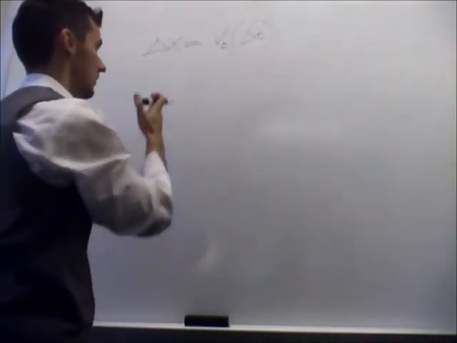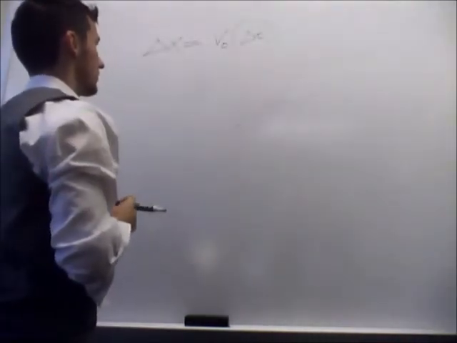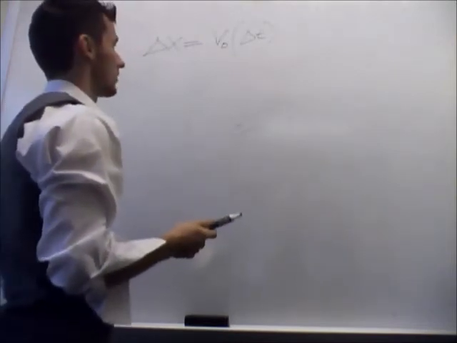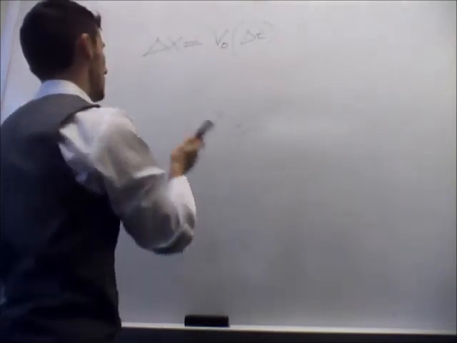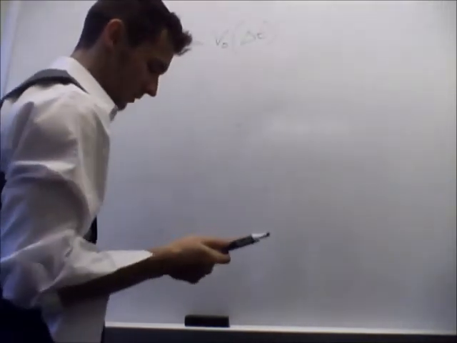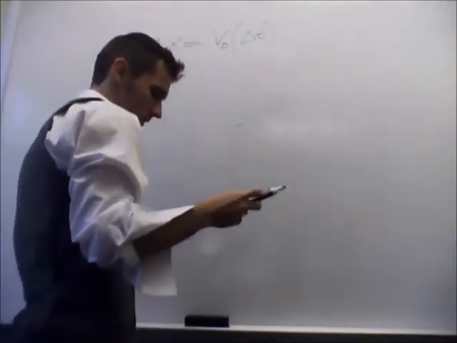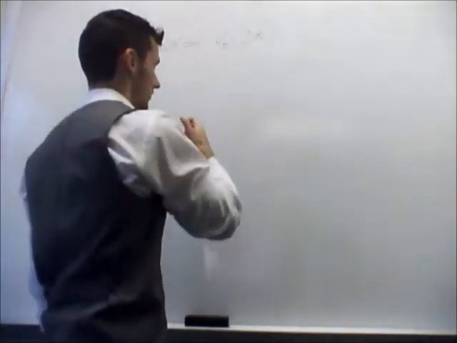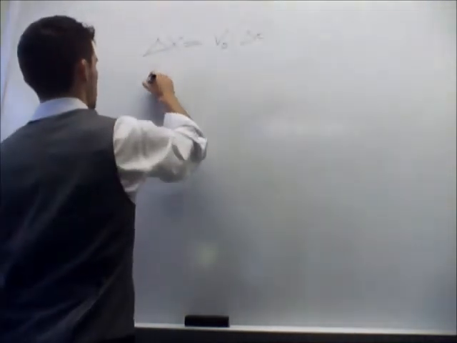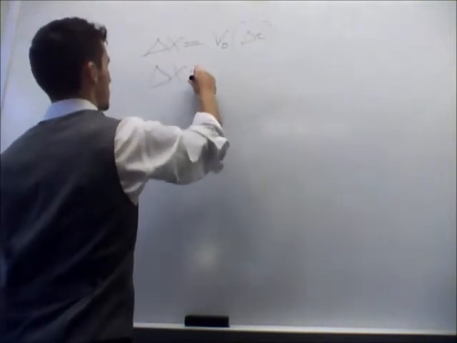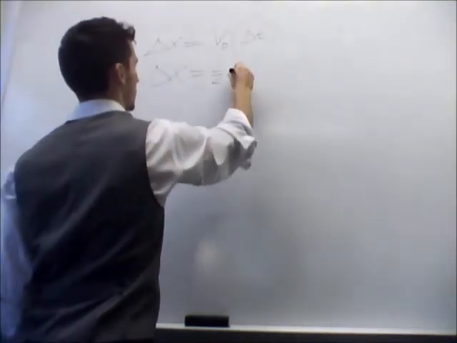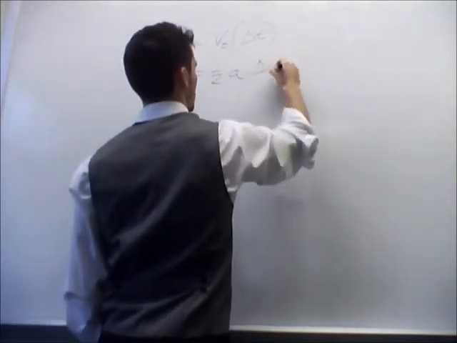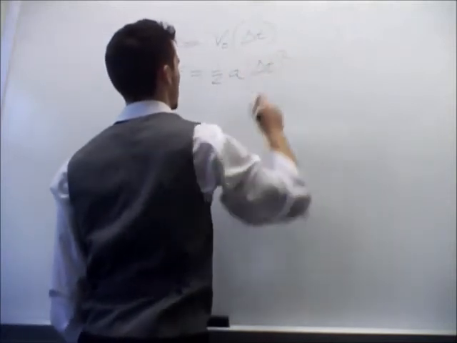And we know that to be true. You have some velocity, you multiply it by how long you've been moving at that velocity, and that'll be the distance that you traveled. And now the equation I just erased was change in x equals 1/2 a change in time squared.